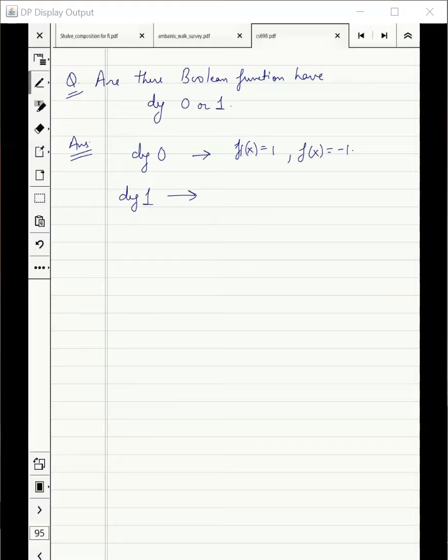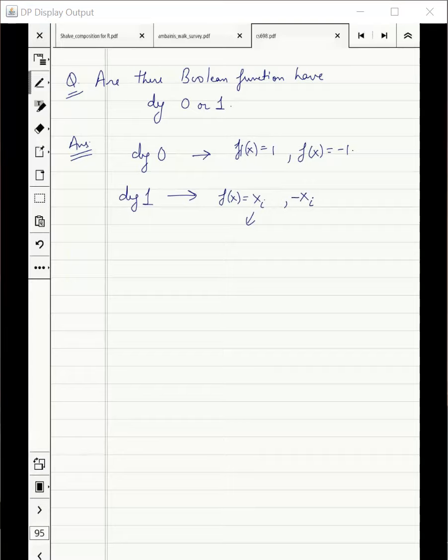Dictator functions are examples. The only examples are the dictator function, or its negation, no linear combination. These are the only Boolean functions with degree 1.